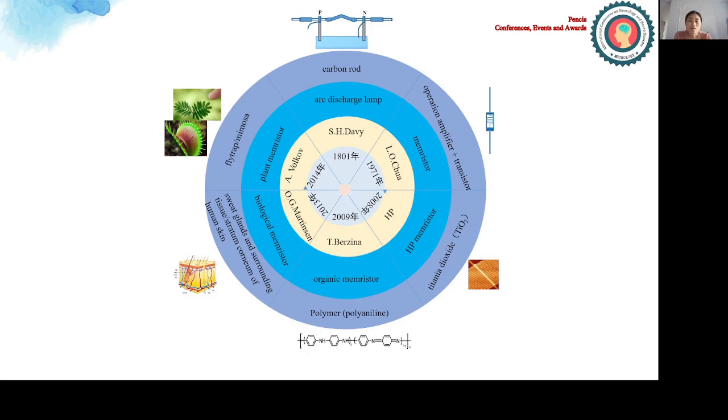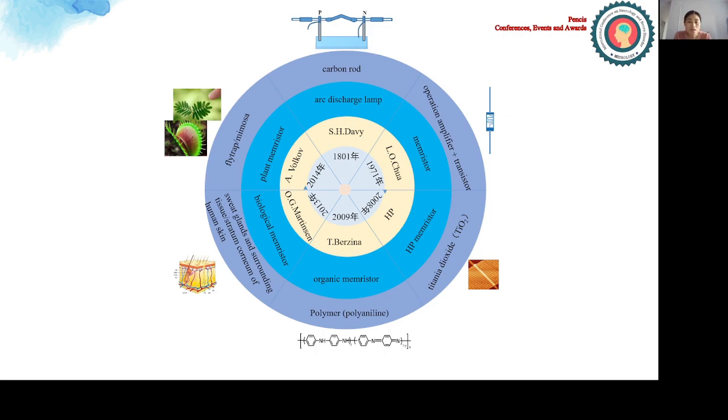The memristor is a non-volatile and non-linear electronic device. In fact, the pinched hysteresis of a memristor appeared as early as the arc discharge experiment in 1801. It was not known at that time that it was a memristor until 1971.